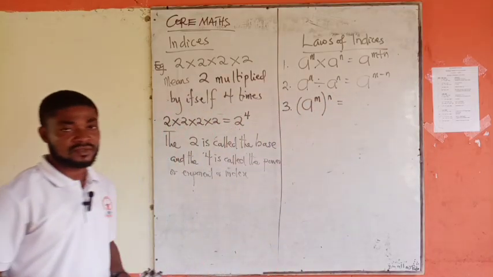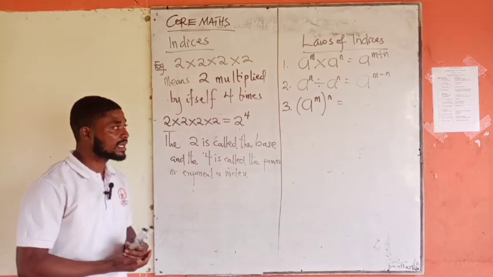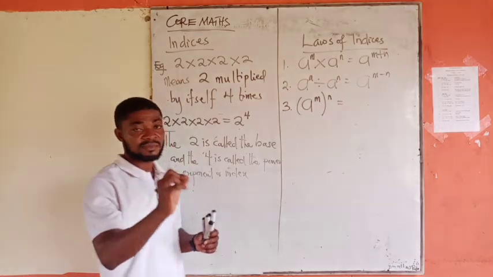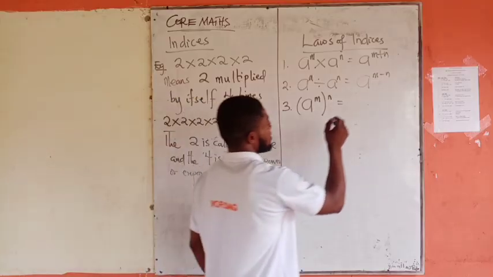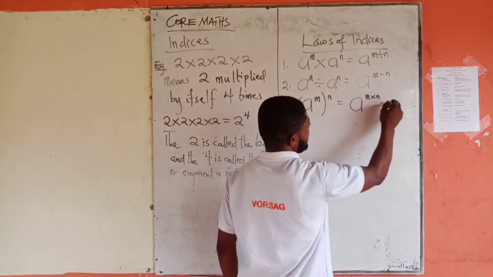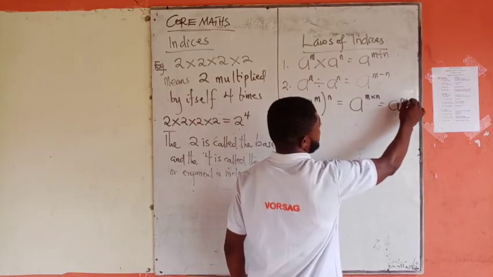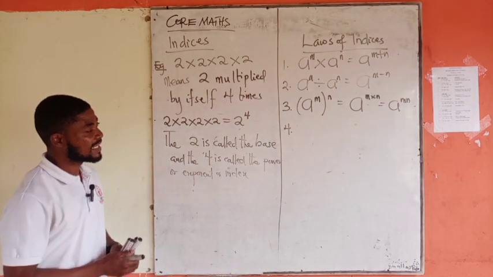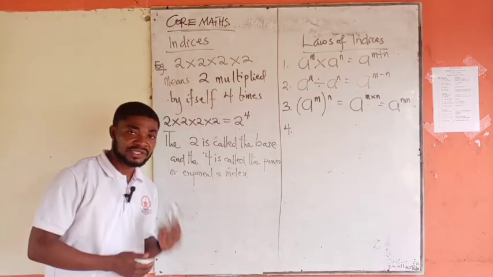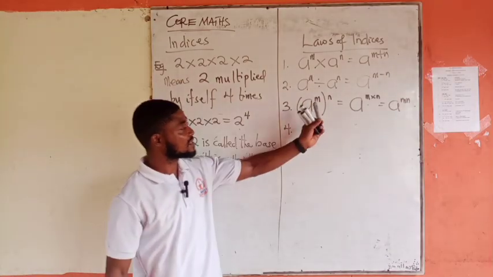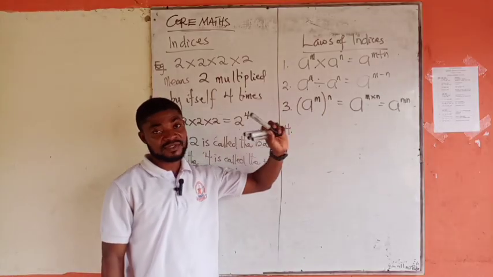The third one has to do with the law of powers. So when you see A exponent M, all exponent N, we are going to multiply the powers. So we are going to have A exponent M times N, which is equal to A exponent mn. If they are numbers, you just multiply the numbers and you put the result over there.